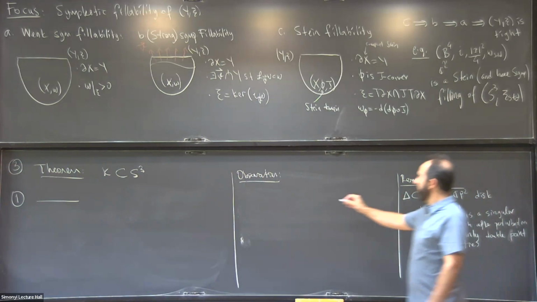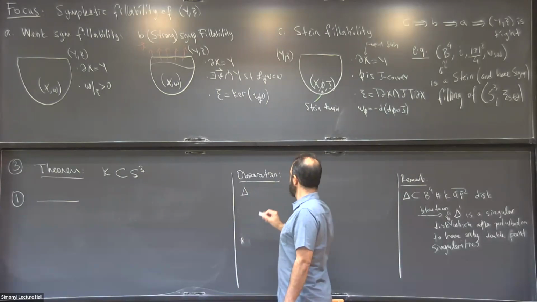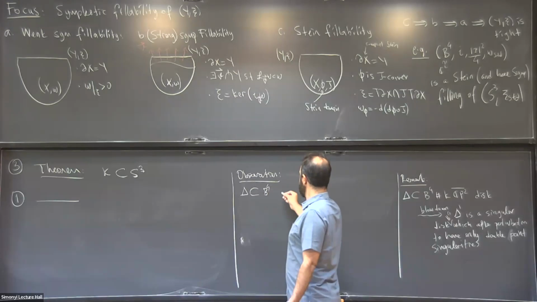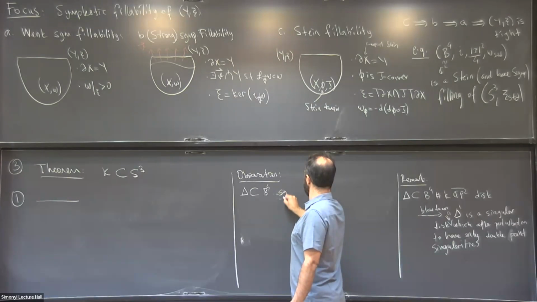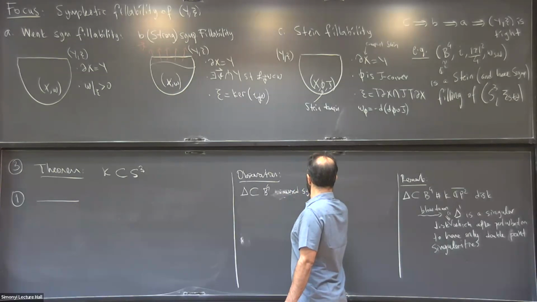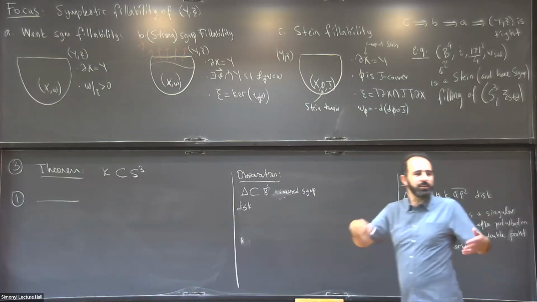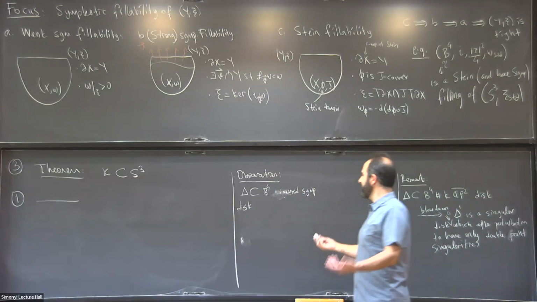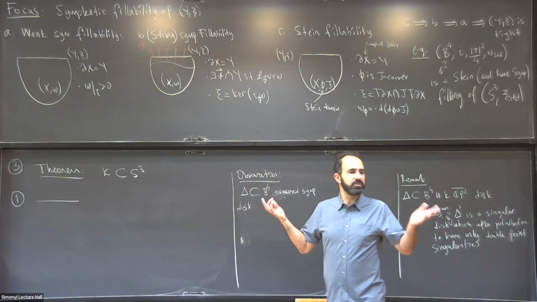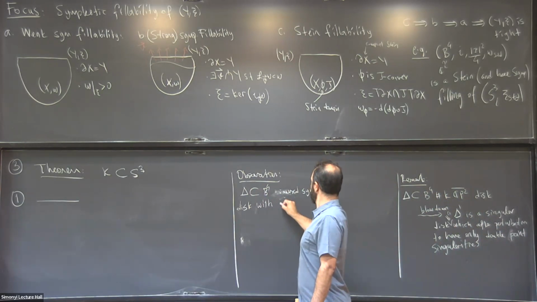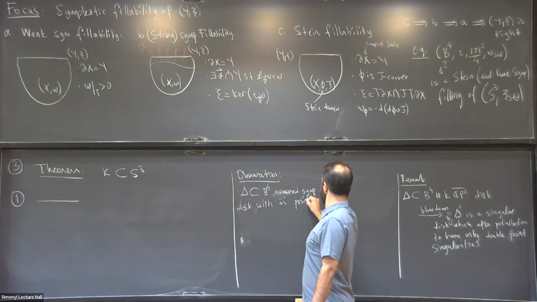Namely, if I have sigma inside the four-ball, an immersed symplectic disk, we assume that we can make all the singularities double points. Let's say that it is with m positive double points.